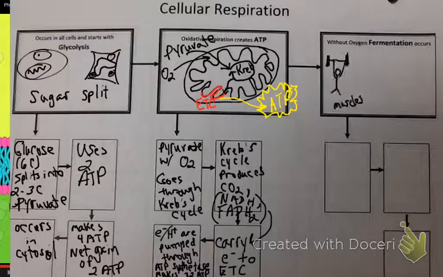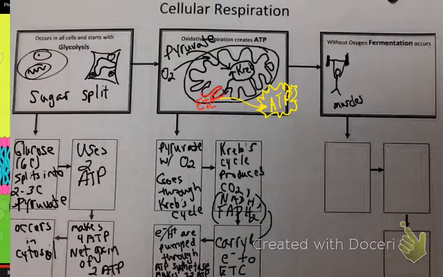Okay, so we're lifting dumbbells, we're doing lots of breathing, we're running out of oxygen. What happens to our body? It gets tired, right? We start sweating, we start breathing hard, and our muscles actually start to cramp up, right? Because of lactic acid fermentation. Okay, so those are muscles. I'm going to go down here to this box.